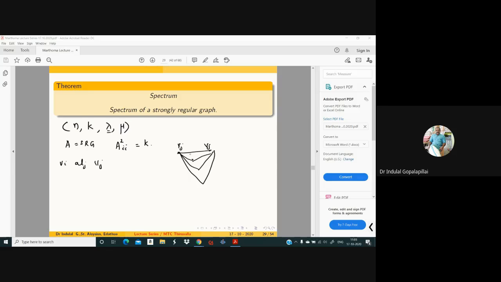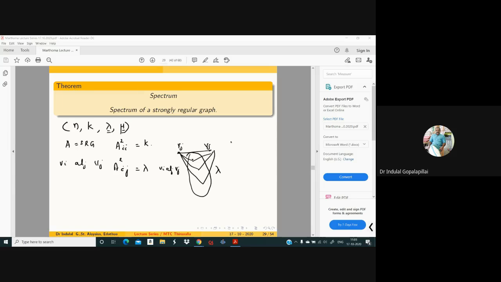Therefore, there are lambda Vi Vj walks of length 2. So the ijth entry of A square is lambda if Vi is adjacent to Vj. And if Vi and Vj are not adjacent, then they have mu common neighbors.